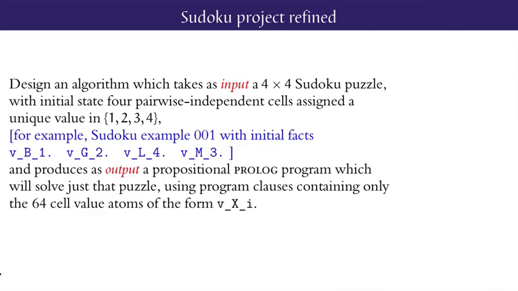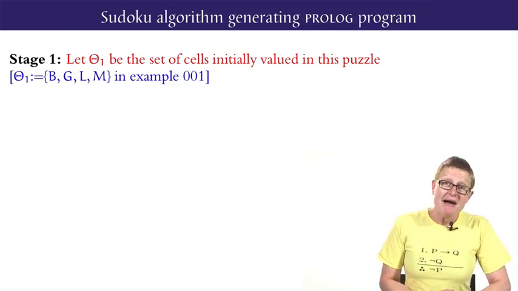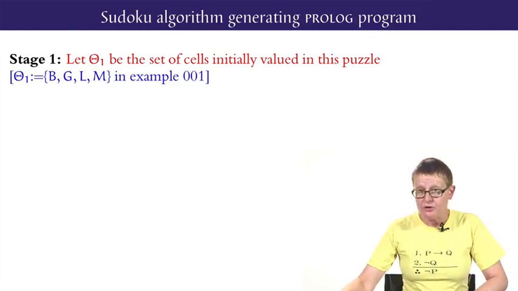At stage 1 of the algorithm, let theta 1 be the set of 4 cells initially valued in the given puzzle. And let sigma 1 be the set of 12 remaining cells yet to be valued.